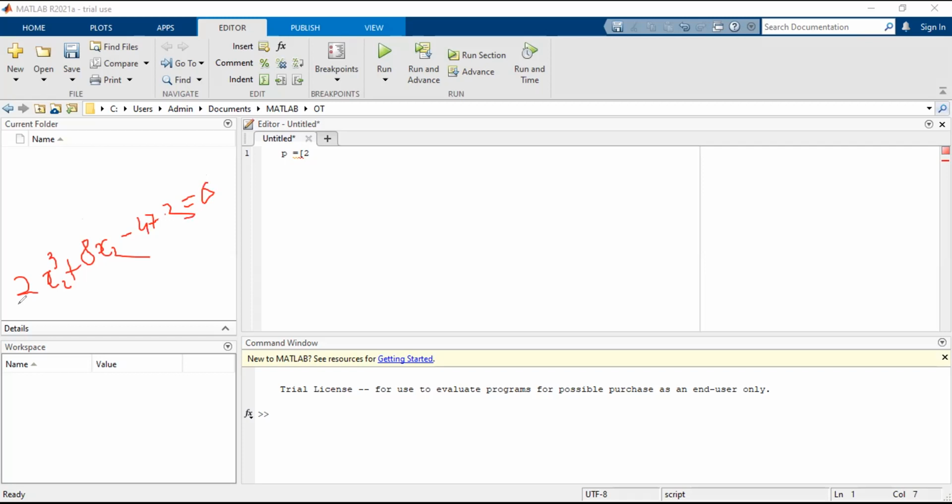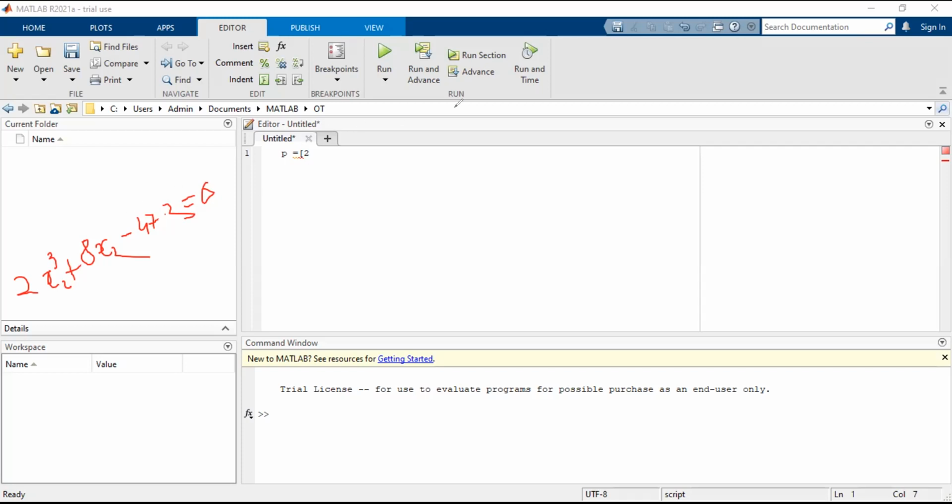You just observe the example given: 3x square plus 2x minus 2. In that, the first element was 3, the highest power coefficient, then 2, the second highest. Clear? So here the first highest is x cube, and the second one should be x square, but its coefficient is 0.